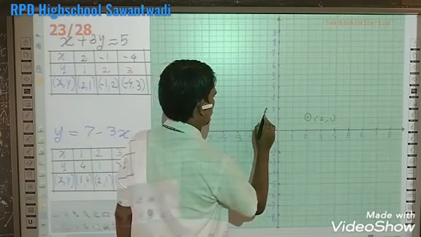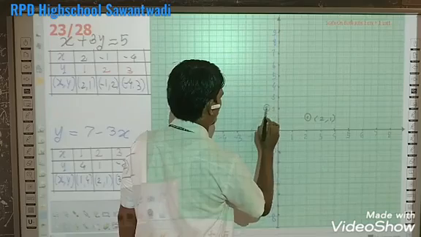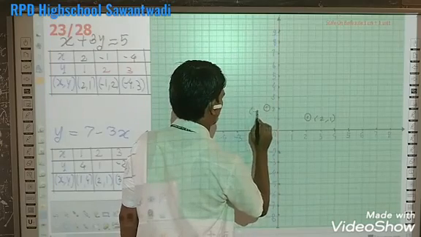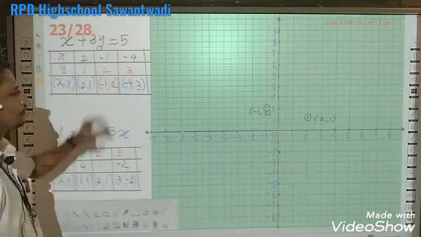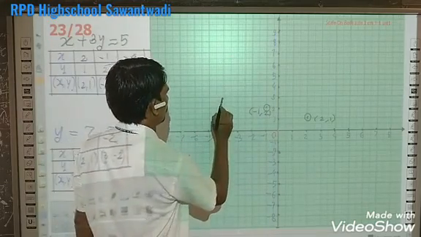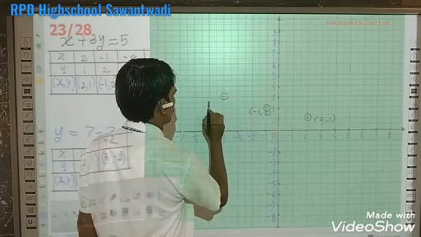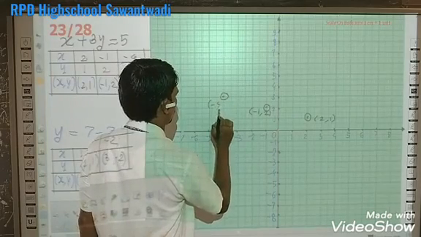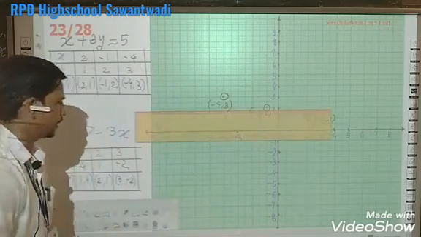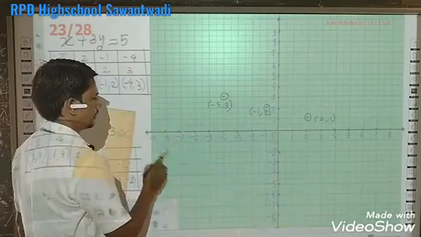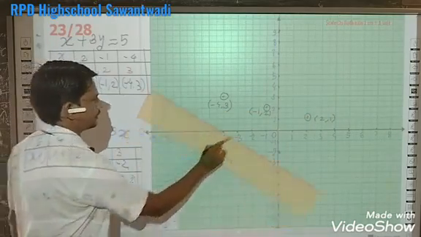It is here. Next, negative 4, 3. And we'll draw straight away lines using the scale as I showed you yesterday in the last period. Here it is.